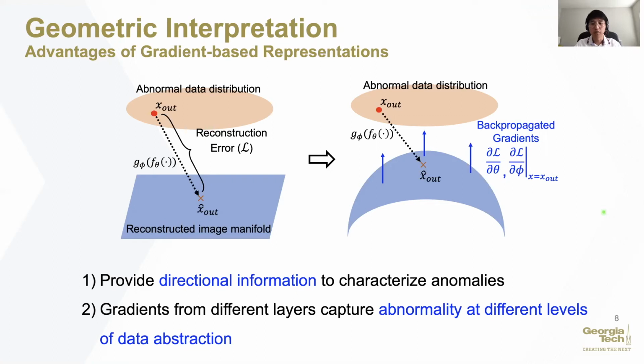Also, gradients from different layers capture abnormality at different levels of data abstraction. Gradient can be obtained from any layer through backpropagation, and this enables algorithms to capture fine-grained abnormality both in low-level characteristics such as edge or color and high-level class semantics.